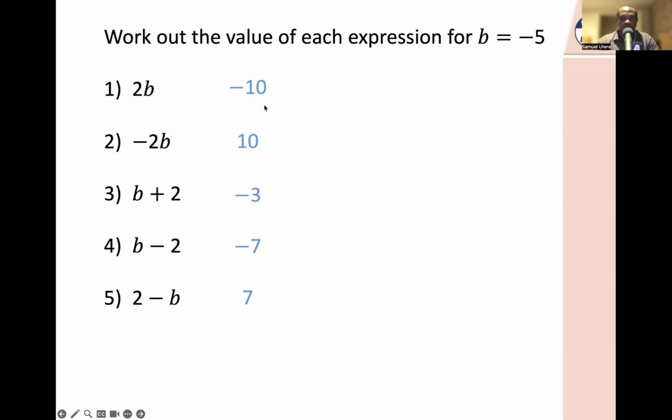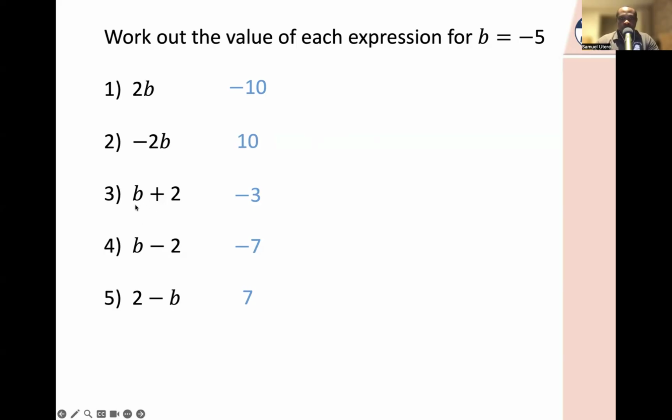That's negative 10. When the term is negative 2 times b, it has to be negative 2 times negative 5, which would be 10. So I'm sure you recall that when you multiply two negatives, you will have a positive number, or a positive term if it's in algebra.